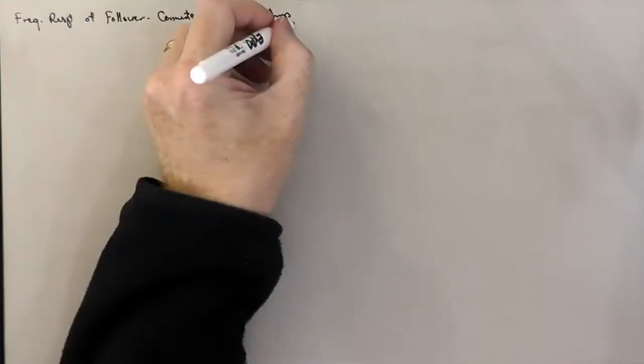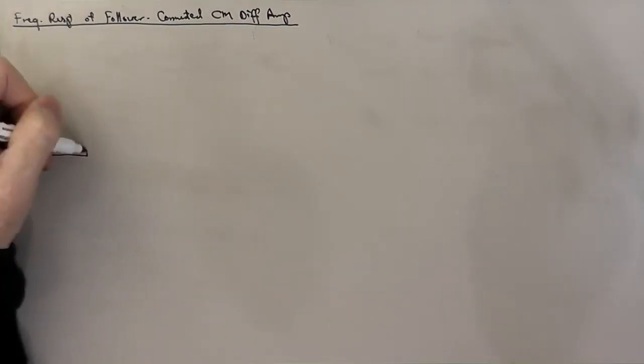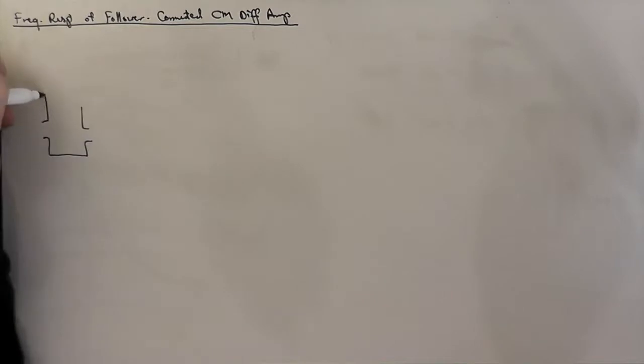And we're going to use node fixing for this again. And so here's our circuit. We've got the diff pair. We've got our current mirrors.